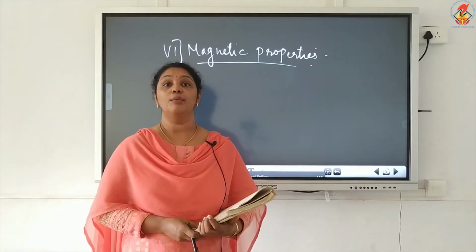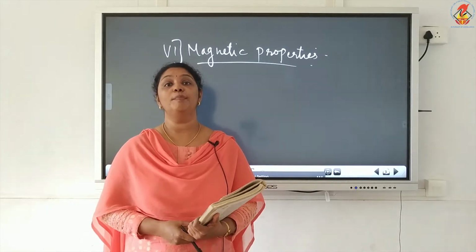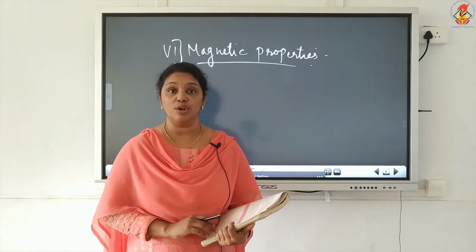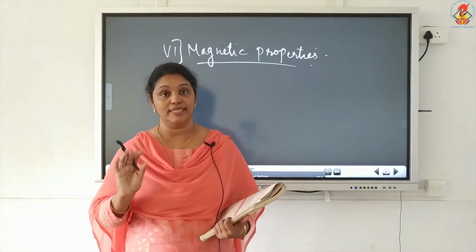So, the question: why do transition elements or d block elements show paramagnetic behavior? The answer is due to the presence of unpaired electrons in d orbitals.